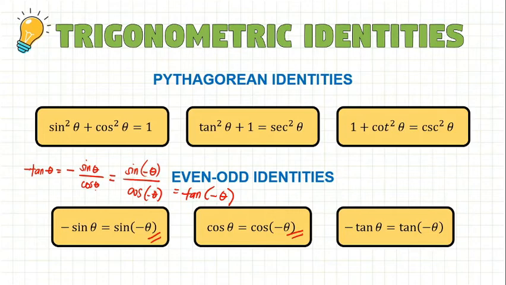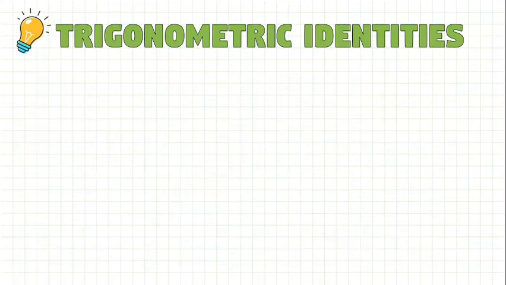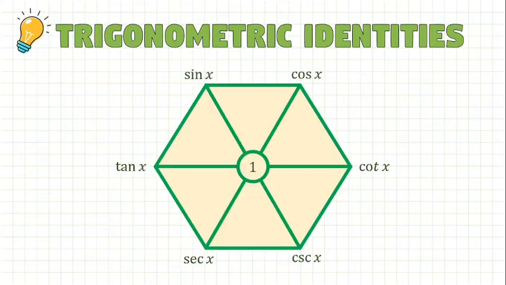The first one is the reciprocal identity. The second one is the quotient identity. The third one is the Pythagorean identity. And the fourth one is the even odd identities. Now, for us to easily remember or recall the fundamental trigonometric identities, we can actually use this hexagon.